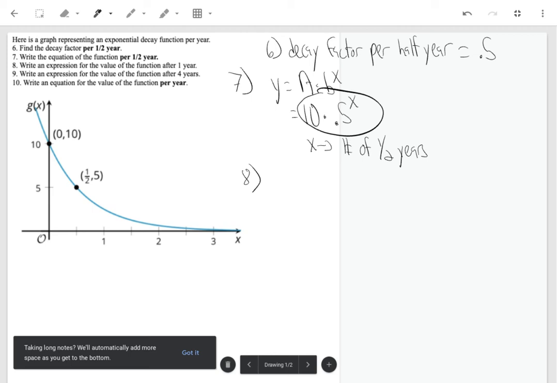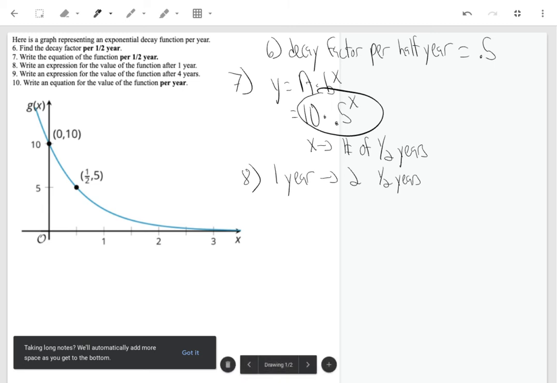Number 8, write an expression for the value of the function after 1 year. So 1 year is the same as 2 half years. Do we agree with that? Is 1 year the same as 2 half years? The answer is yes, of course it is.